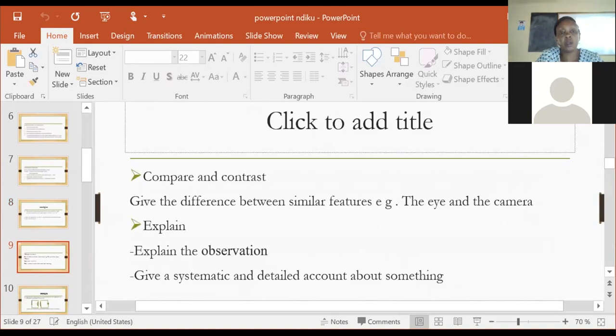We also have, in the statement questions, compare and contrast. This is whereby we can be asked to give differences between two similar pictures. For example, we have the eye and the camera. When you are giving the difference between two pictures, then you compare a similar thing.